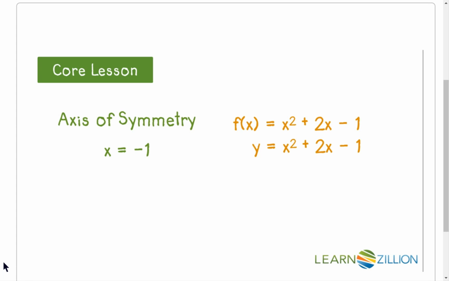They are the same thing. So I get y is equal to negative 1 squared plus 2 times negative 1 minus 1 after I substitute in my value for x. Solving this, I get y equals 1 minus 2 minus 1. So y is going to equal negative 2.